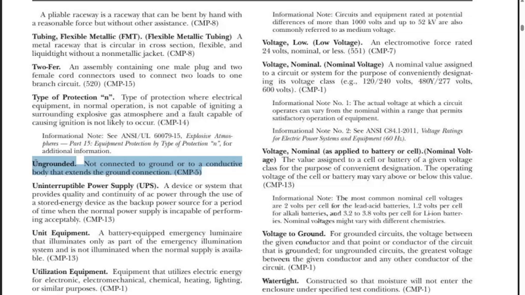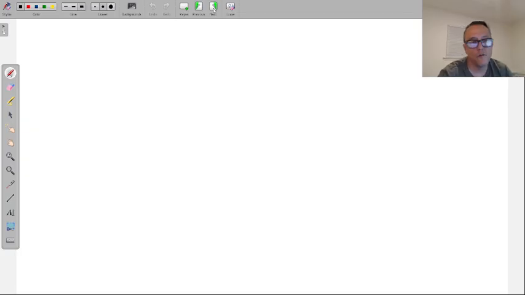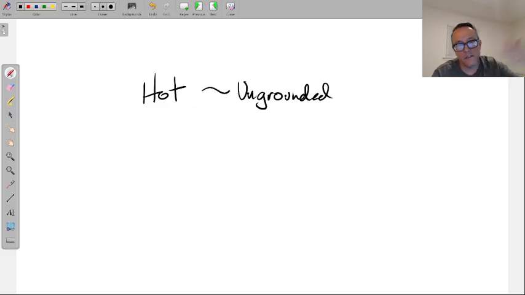There's a few ways that you can look at what they mean by this, because we have words for the hot, neutral, and the ground. The hot conductor, the one that has the spice on it, is the one we call ungrounded. This is the ungrounded conductor because it fits the definition: not connected to the ground or to a conductive body that extends the ground.